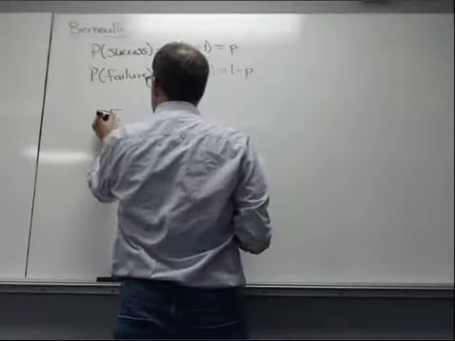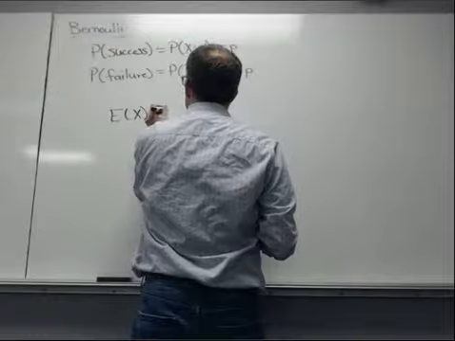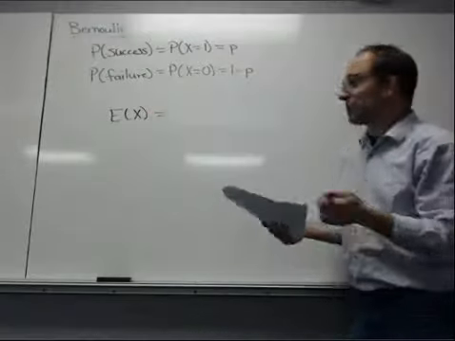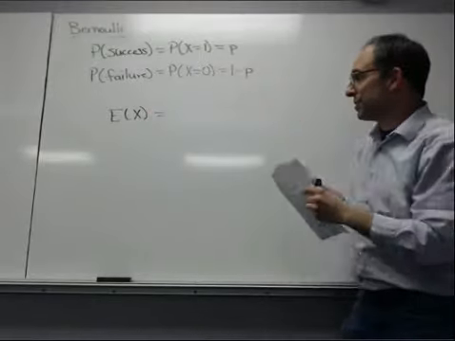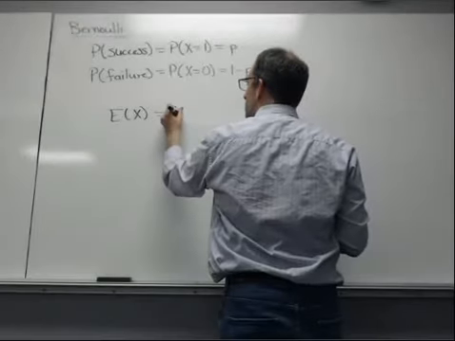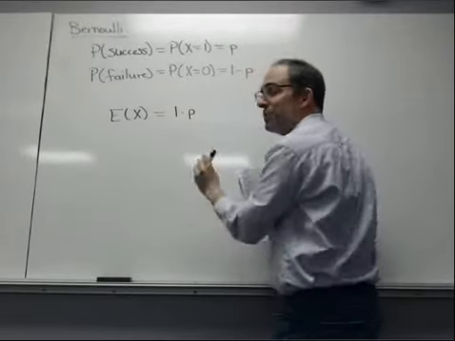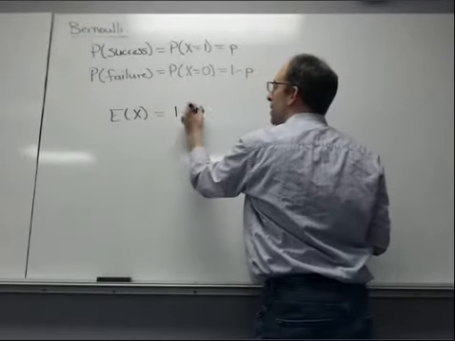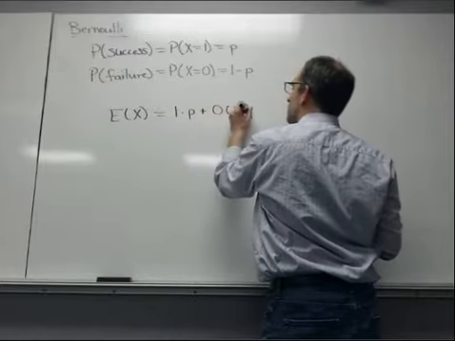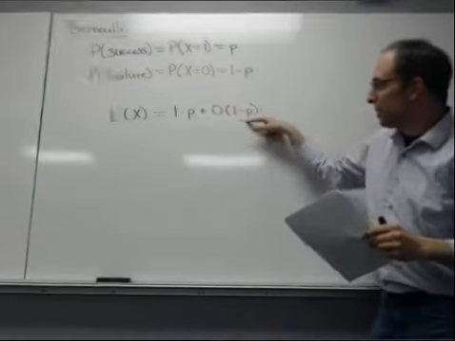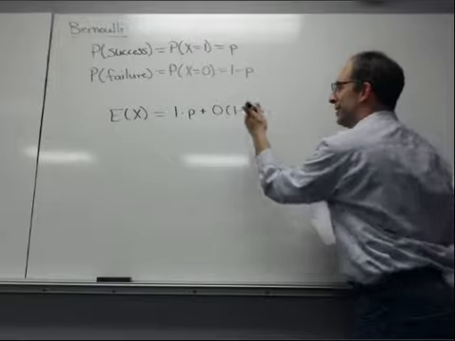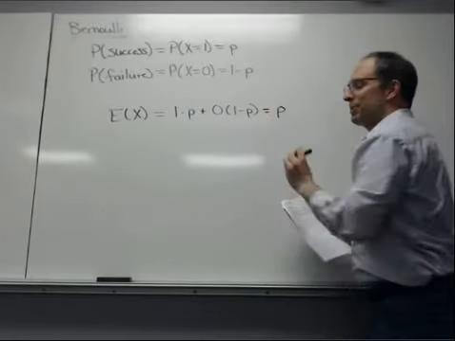The expected value would be, well, your only possible values are 1 and 0, and their probabilities are right there. So this would be 1 times p, right, since p is the probability that x equals 1, plus 0 times 1 minus p. But then this whole term goes to 0, and all you're really left with is just p.